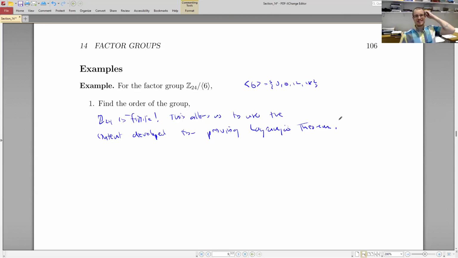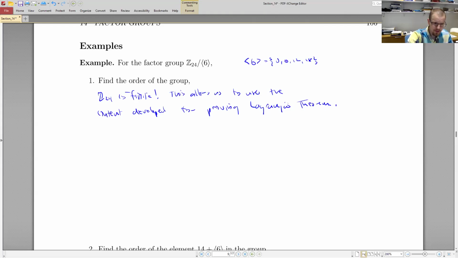All right, so we need to recognize a couple of things here. We need to recognize that Z24 mod what's generated by 6 is the cosets of 6.